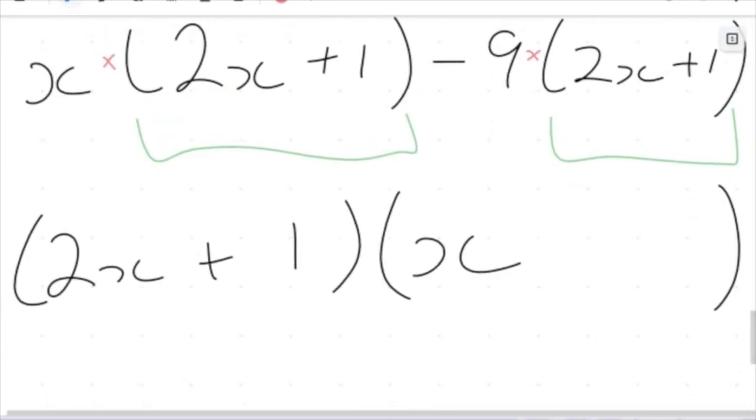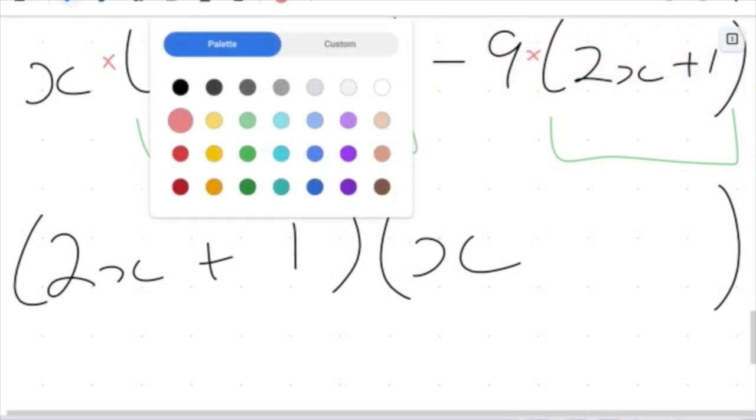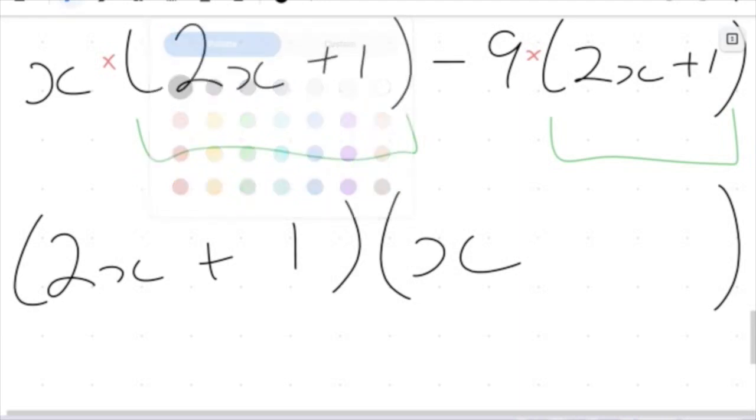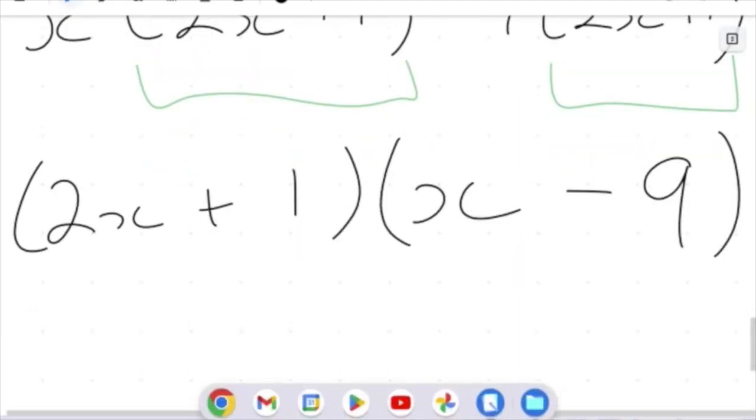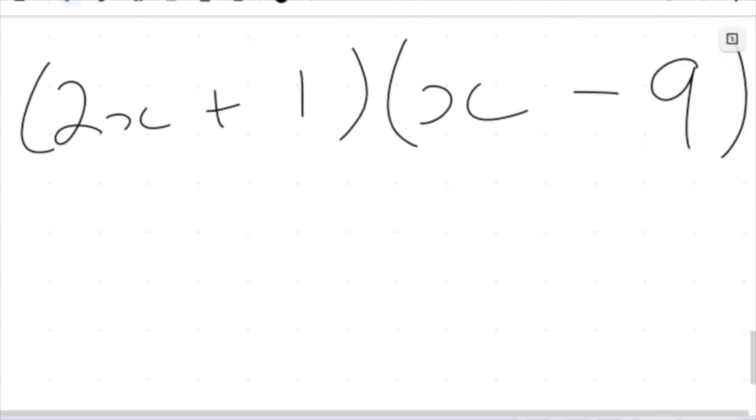And finally, I want to see what did I have to multiply 2x plus 1 by in order to give me -9 outside of 2x plus 1. Now that thing there is going to be -9 being multiplied here. So now I have factorized this fully.